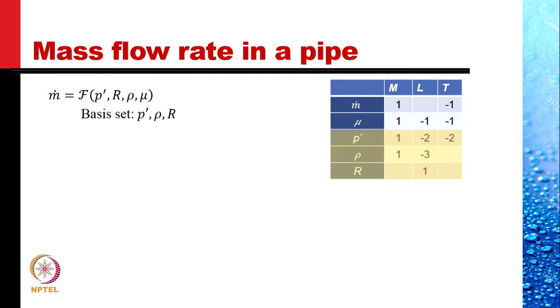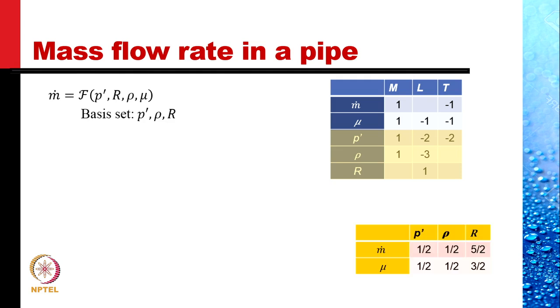The basic set is P prime, the pressure gradient, rho, the density of the fluid, and r, the radius of the pipe. The three we have shown with the yellow tint in the table. The remaining two parameters, m dot, the dependent parameter, and mu, the independent parameter, have their dimensions expressed in terms of P prime, rho, and r.